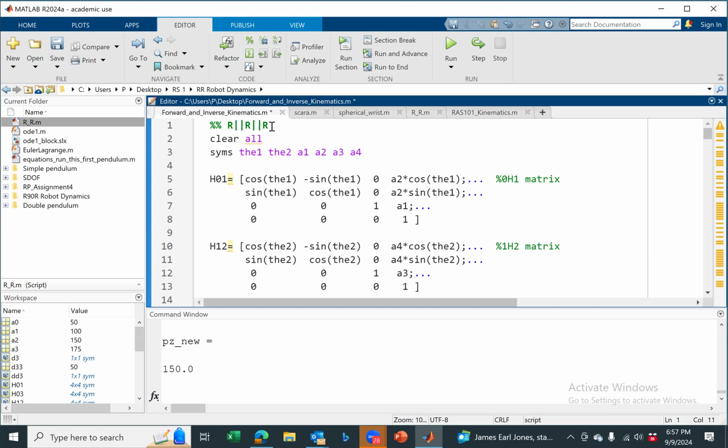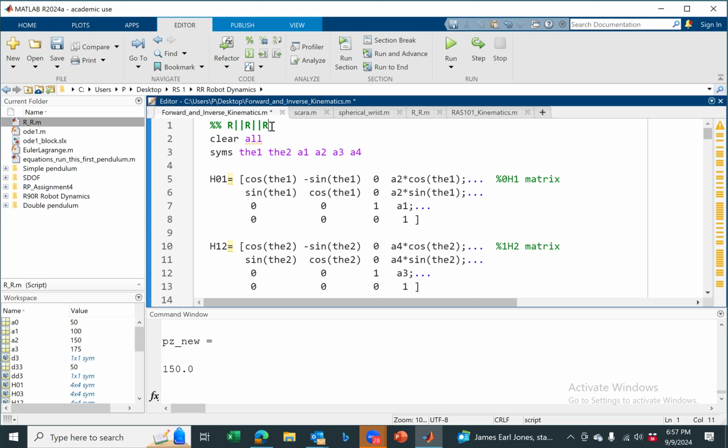MATLAB does not allow you to define variables starting with a number. So 0H1 is written as H01. H01 is our first homogeneous transformation. Now I want you to look at the notes and make sure that this indeed is the homogeneous transformation.